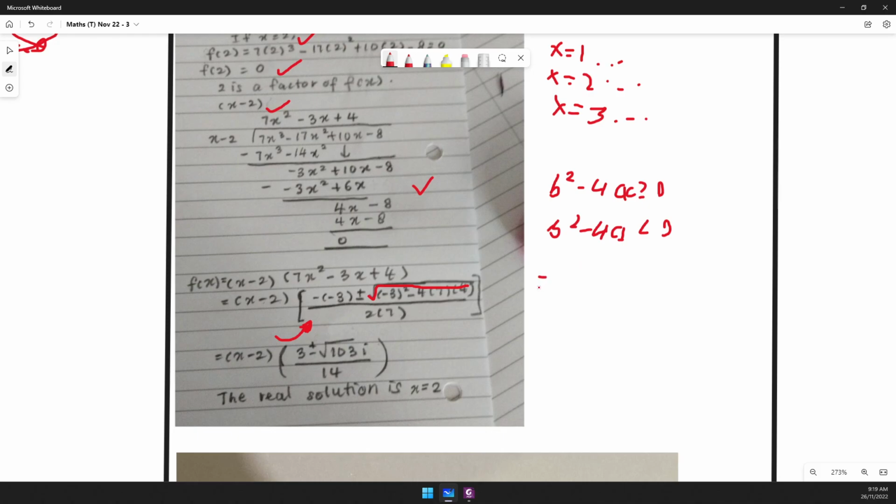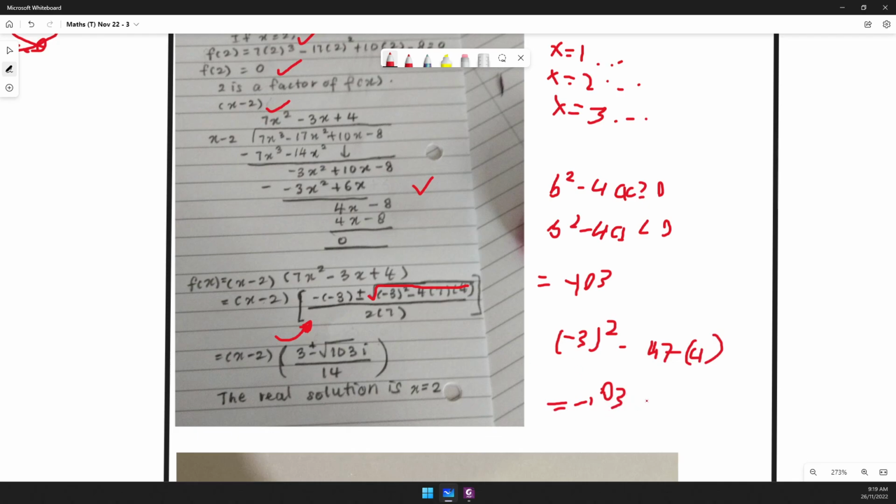Then you say it equals, what are you going to get? I think negative 103. You input these values, negative 3 squared minus 4 times 7.